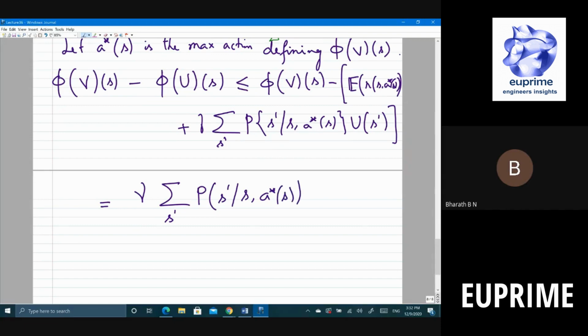Now I'll write this thing as V of S dash minus V of S. Sorry, not V of S, U of S dash. Okay, is that fine? So why do you think this is true?